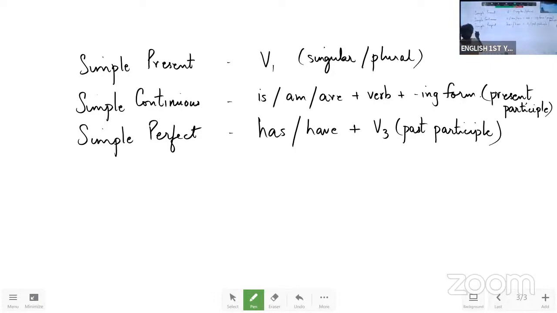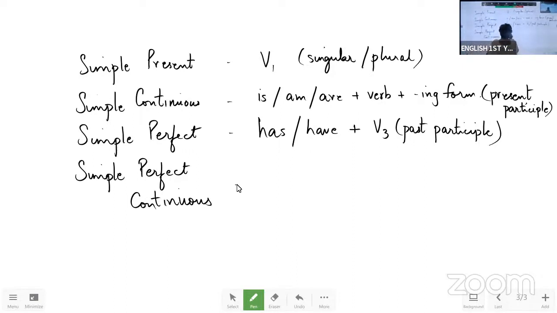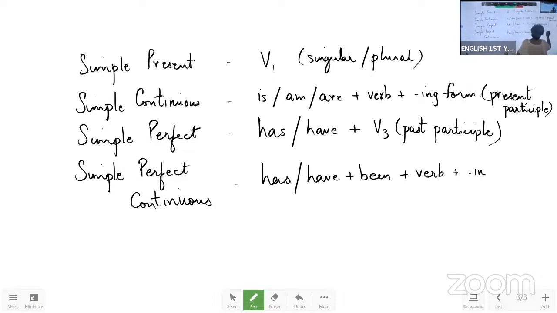Then simple perfect continuous. Has, have, plus been, plus verb, plus ing form.